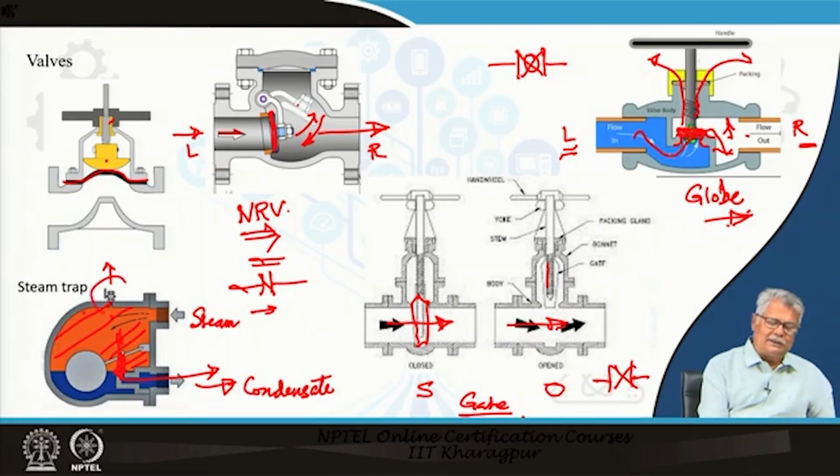So, periodically, maybe once in 2 days, you will come there and open this valve, and if any air has accumulated inside, you will be bleeding it off. In fact, it is definitely required when you charge your steam header for the first time.